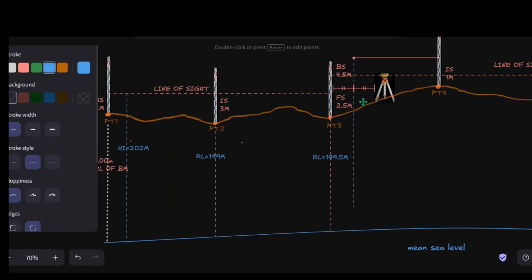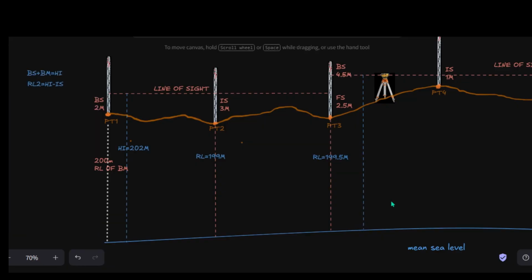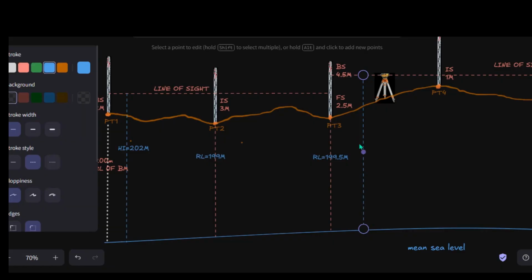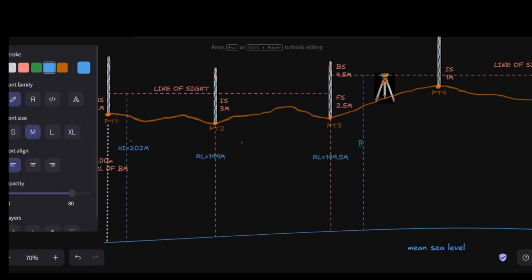You can even see from the line that it was actually shorter. So the new height of the instrument is about 204. It was actually the last reduced level plus the backsight, which is now 204.